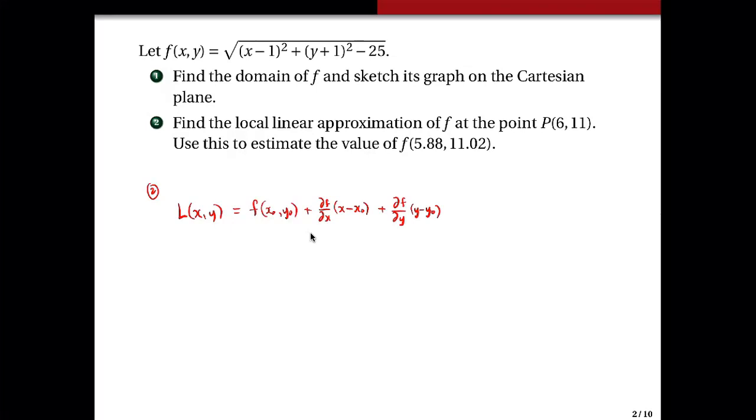So we need partial of f with respect to x and also with respect to y. Oh, by the way, we have to evaluate this, right?